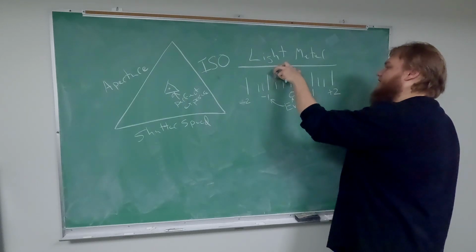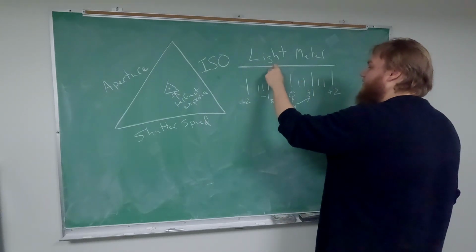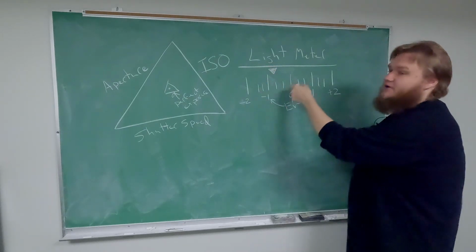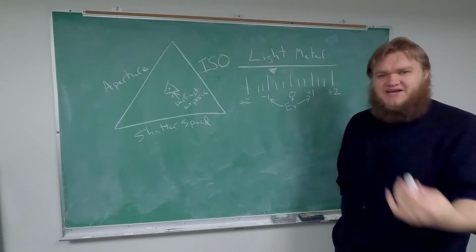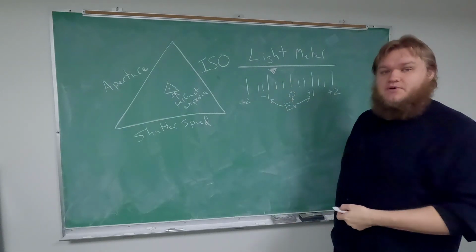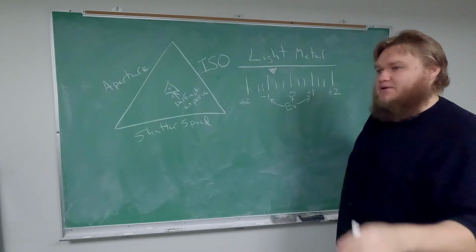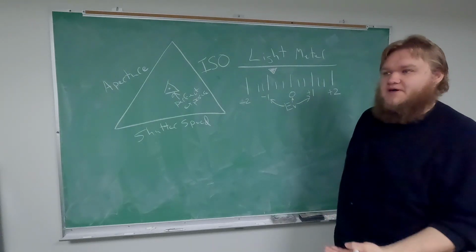If we see it, say, over here, that means we are underexposed, and in this case, we have third lines. Sometimes you'll see half, but in this case, we've got indicators for a third of a stop, and we'll discuss what a stop is in a second, but a stop is just 1 EV value.